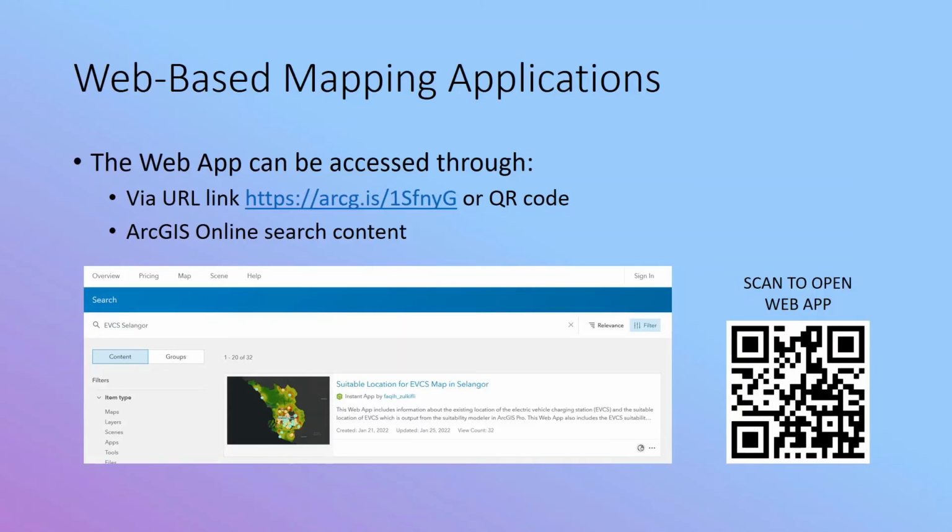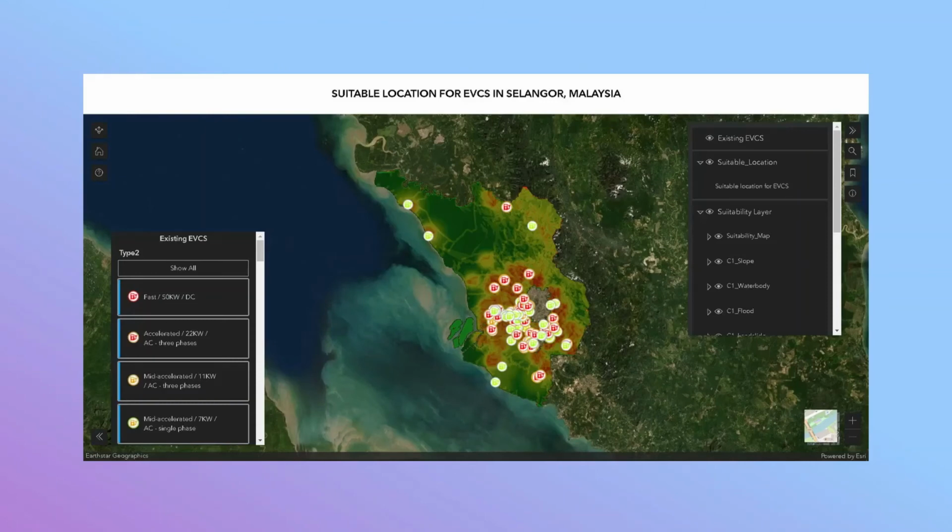The web app can be accessed through the URL link and QR code, or we can also access it using the ArcGIS Online search content. This is a web app created through the ArcGIS Instant App.